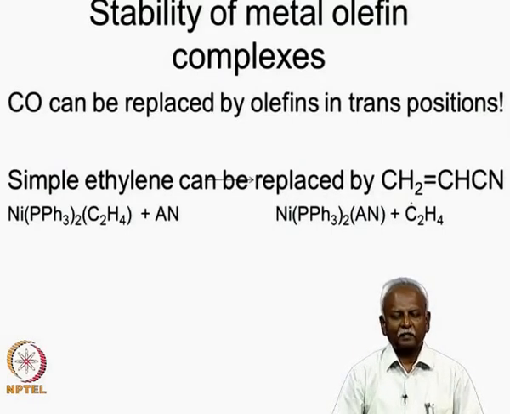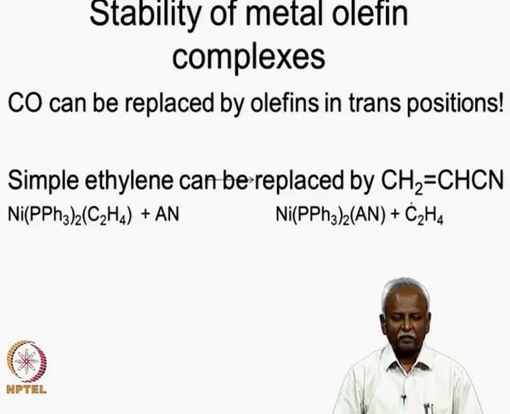First of all, we said that carbon monoxide can be replaced by olefins in the transposition, and this is possible because carbon monoxide is a stronger pi accepting ligand, and it will displace the carbon monoxide in the transposition and replace it with an olefin, and this will lead to greater stability because the olefin itself is a poorer pi acceptor. So, the metal is able to donate more electron density to the carbon monoxide, and the MCO bond becomes stronger, and this leads to greater stability.